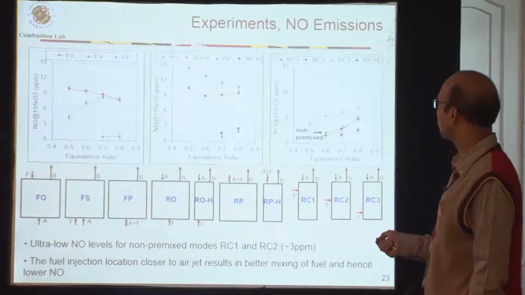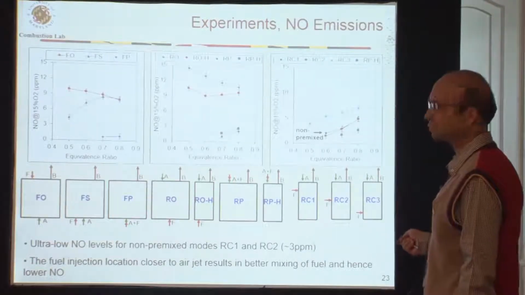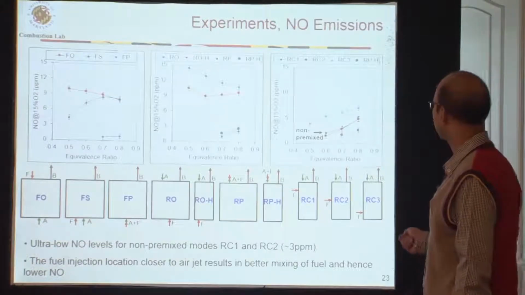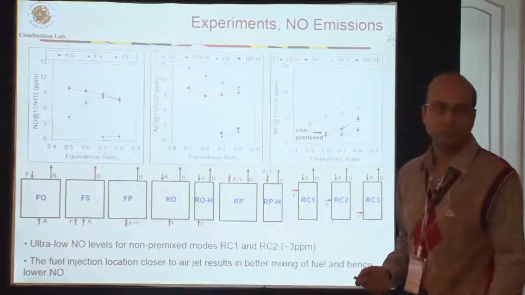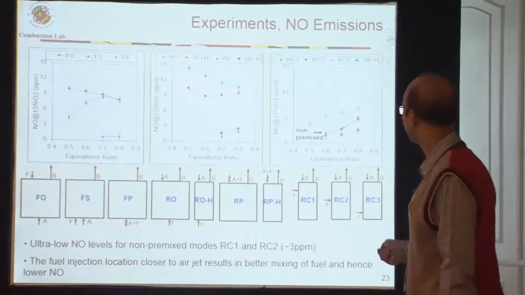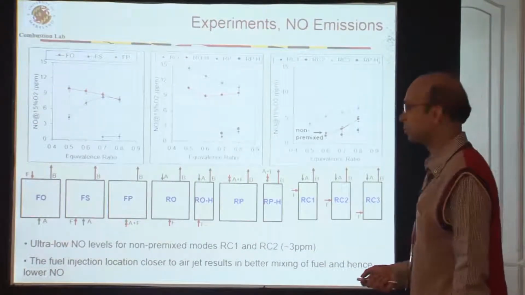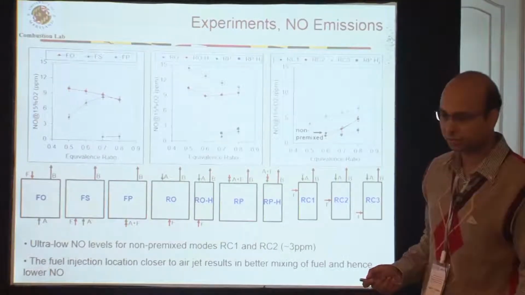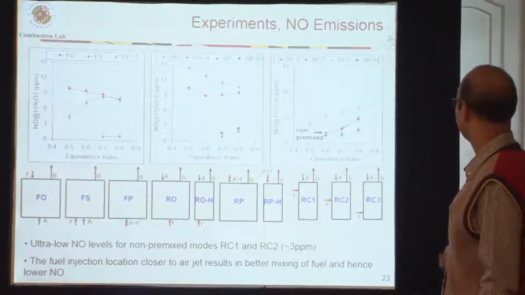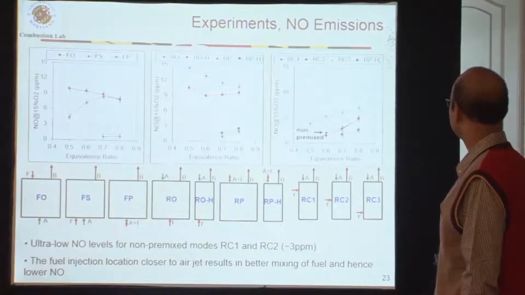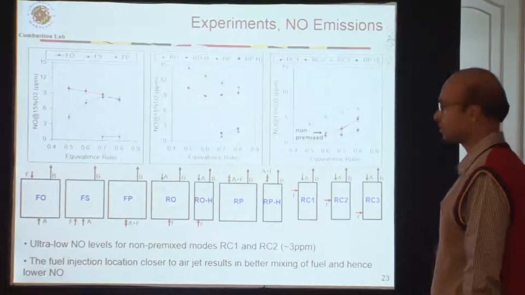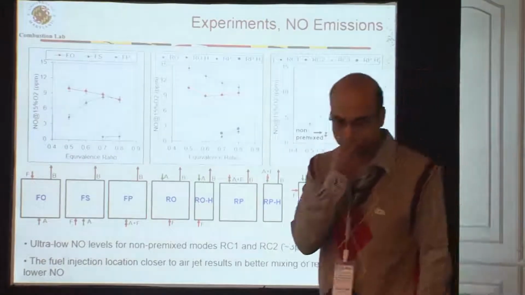In this forward flow configuration and in this reverse flow configuration, there is still a big gap between premixed mode and non-premixed mode, and we want to bring these non-premixed modes closer to the premixed modes to reduce the NOx emission. But in the reverse cross-flow configuration, even in non-premixed mode, my emissions are very close to premixed flame mode.